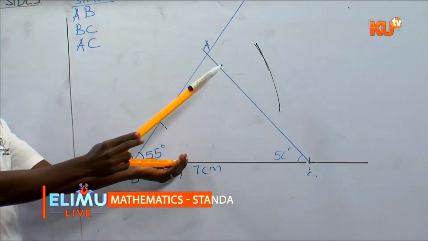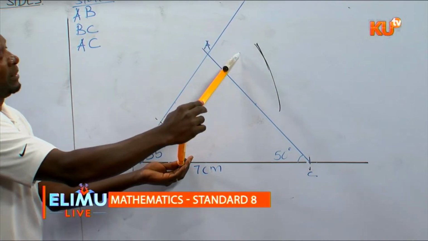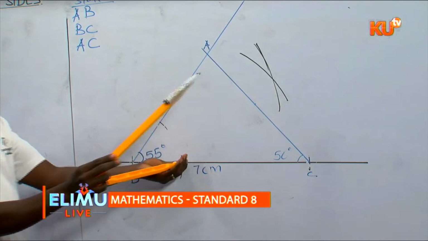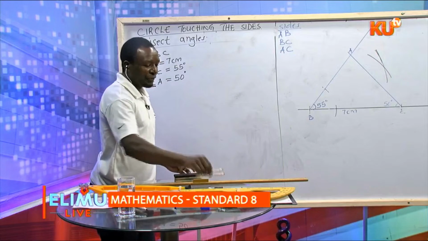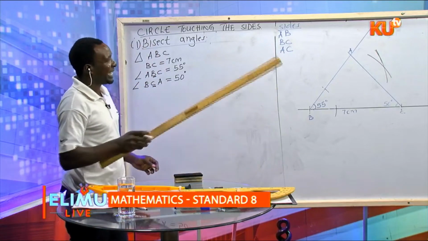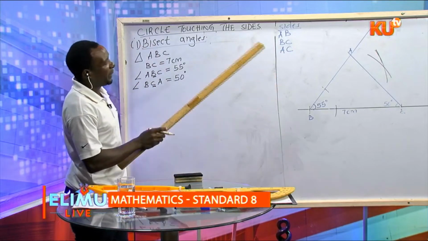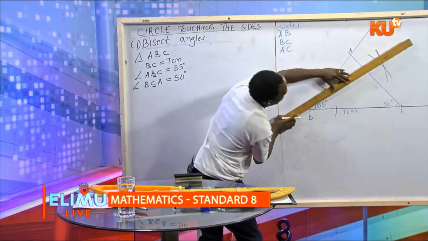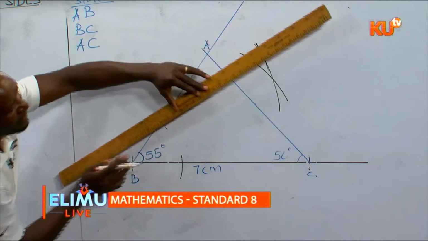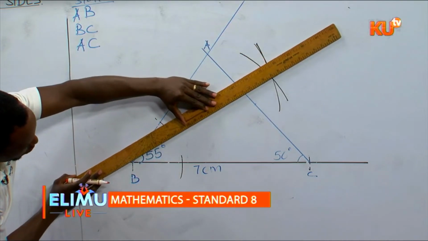Kuja kwa hii, ingine arc. Weka. After kuweka hivyo, use a different color to draw this line. Hii line inaitwa perpendicular bisector. Kutoka hapa kwa B na hapa katikati mahali hizi zimekata. Chora vizuri.